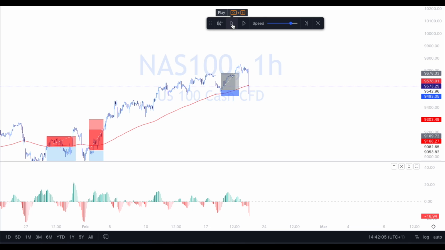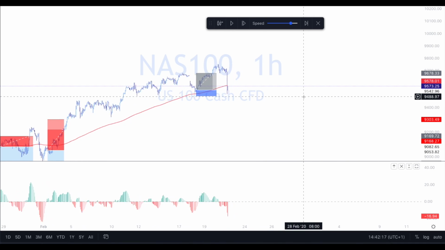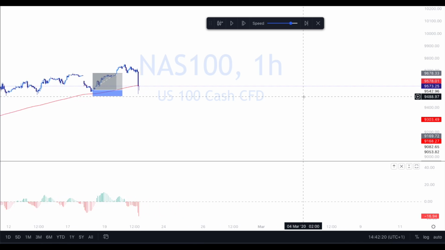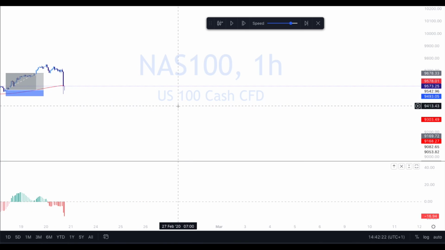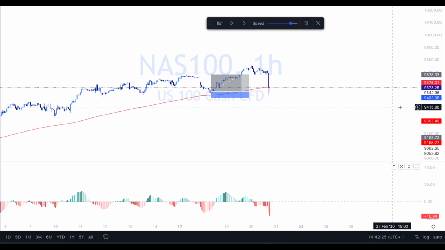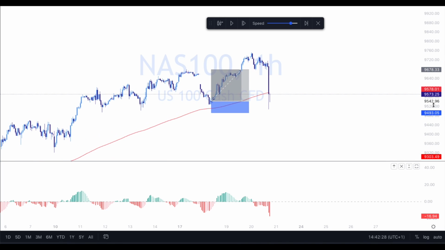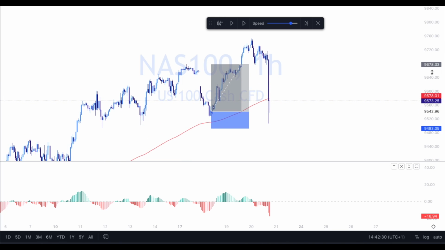Okay, so this is where we got it right now. It's actually crossed under. So at this stage right now, I could take the trade, right, in hope that it's going to return. So if this was me doing this, I have to use my discretion in regards to what I think could happen. And at this stage, because of the power of this wick to the downside, I am going to assume price is only going to go lower.